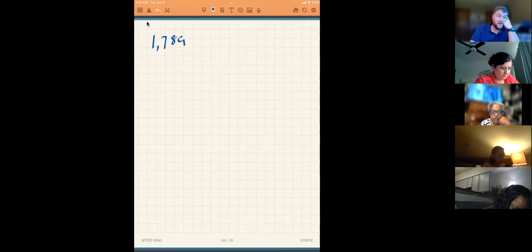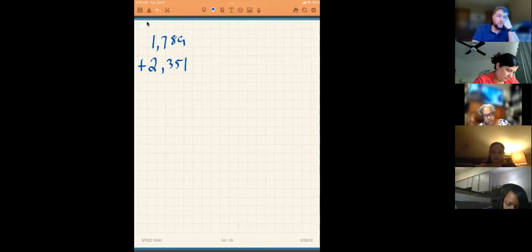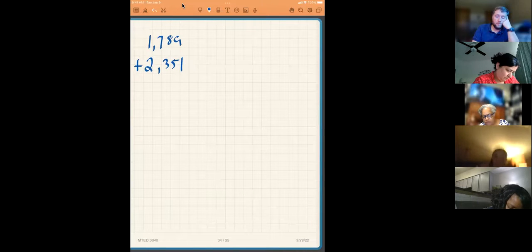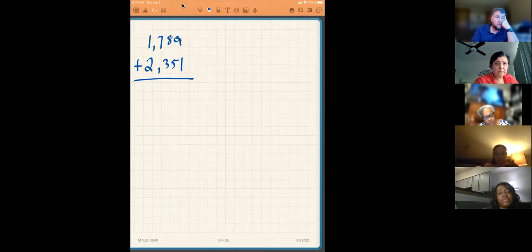Remember, we're in base 10, plus 2,351. And what I want us to do for a second is think about the algorithm that we've used to solve problems like this in the past. So can anyone either shout out or text out what's the first step y'all would do?